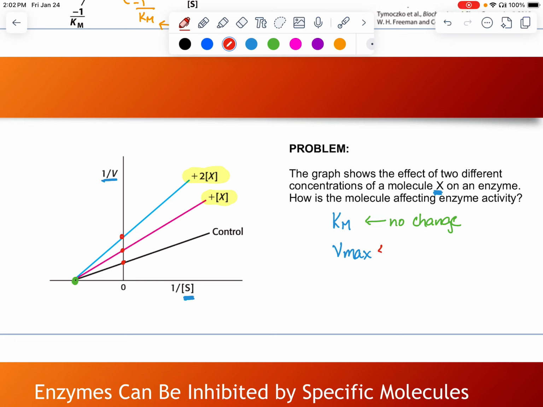So I know that I am seeing a change in my maximum velocity. And I can look at that and say, wow, the more of this molecule I add, the higher I'm going up my y-axis. So when I think about that, I must have a smaller and smaller maximum velocity, a reduction in Vmax.